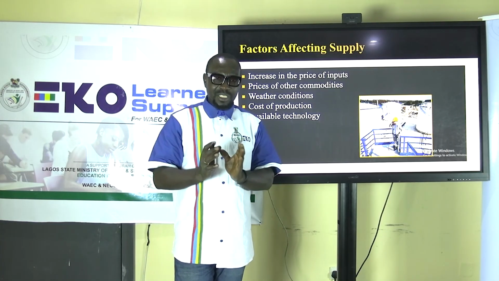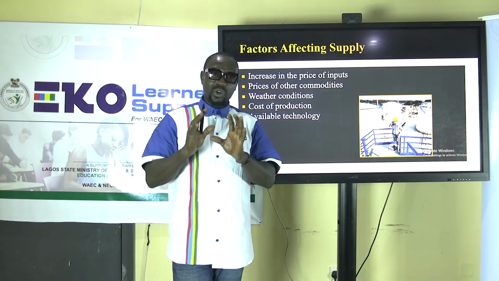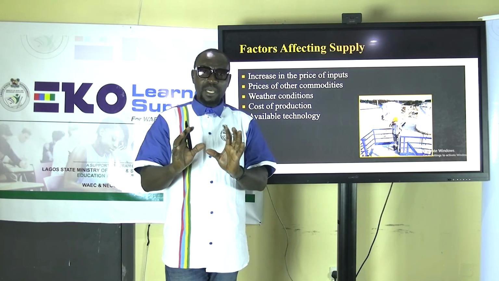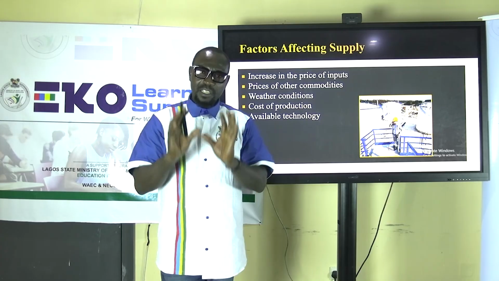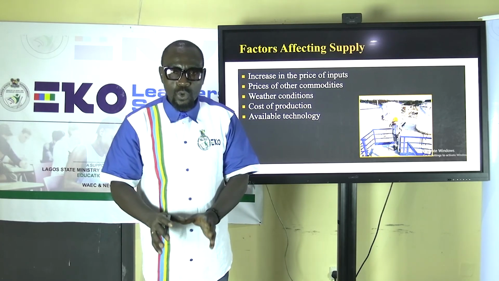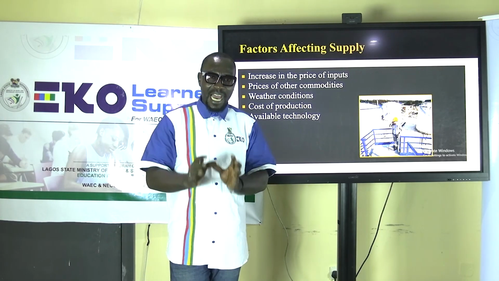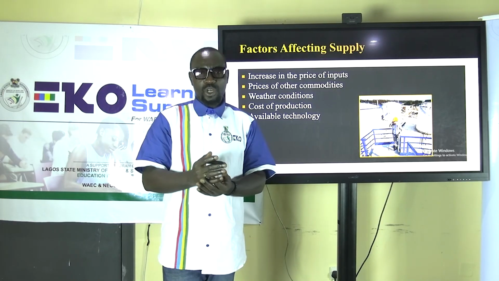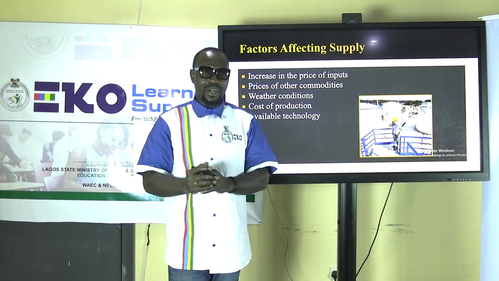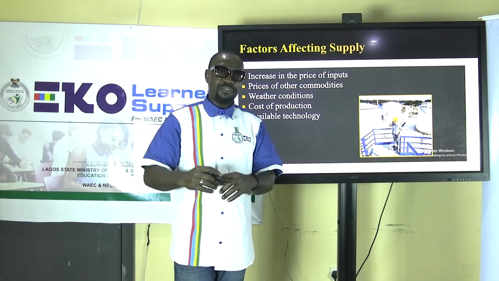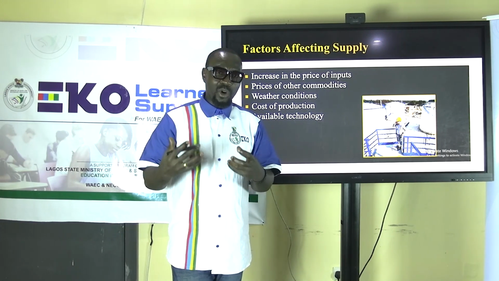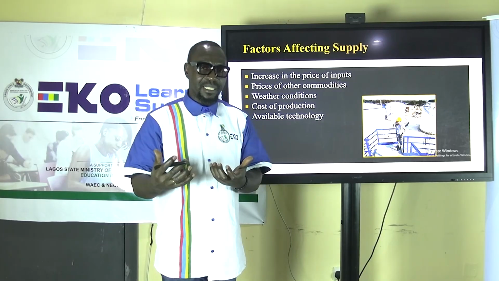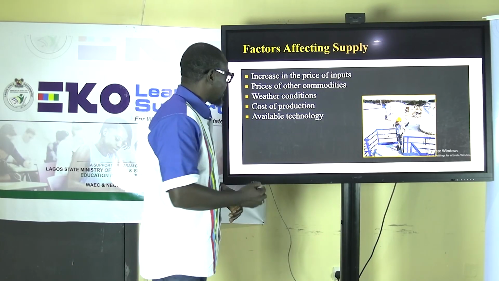Or, in other words, can affect the quantity of that commodity that is made available or offered for sale in the market. So if the level of technology is high, it cuts down on production time and possibly cost of production and removes human errors, for example, and therefore makes the quantity available or offered for sale in the market to be high, and vice versa.